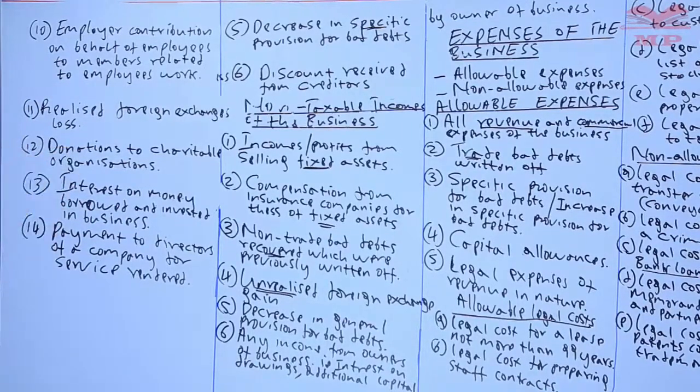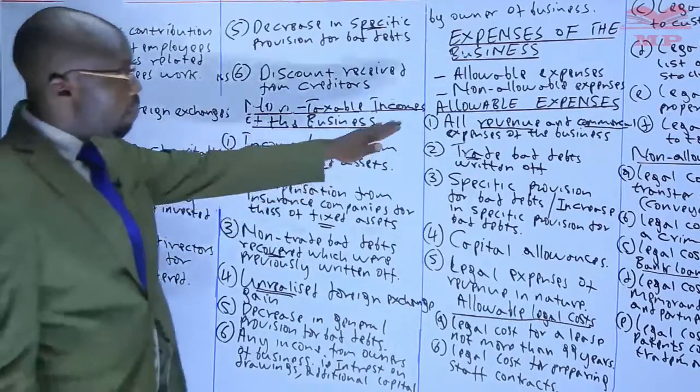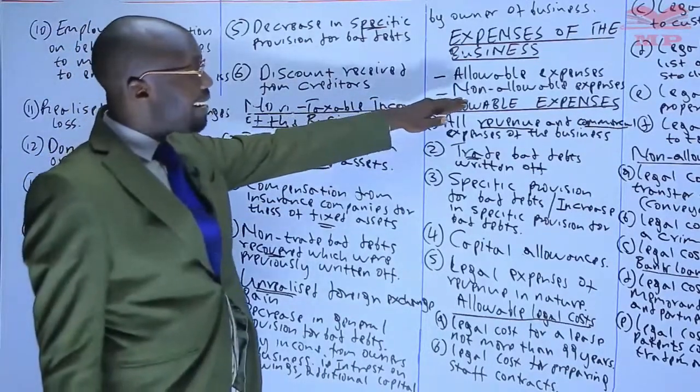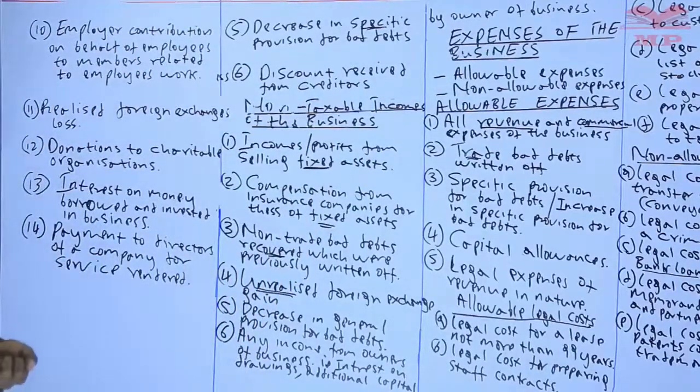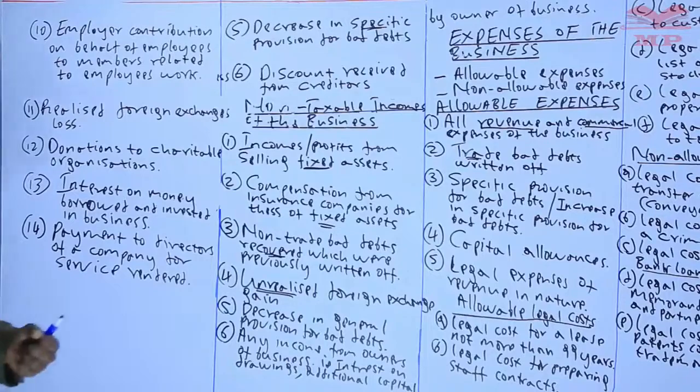You get them there. After looking at the allowable expenses, we need to look at non-allowable expenses. These are expenses which cannot be deducted against the taxable incomes of the business. Which are these non-allowable expenses?